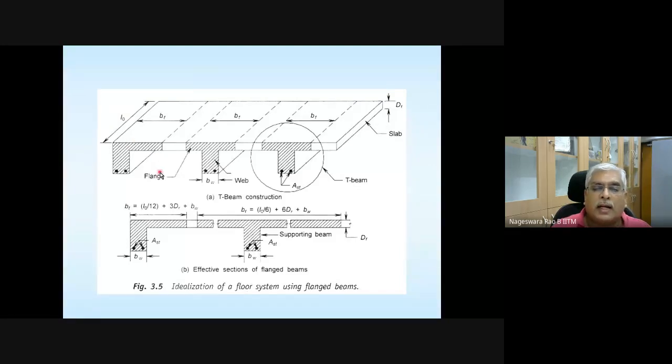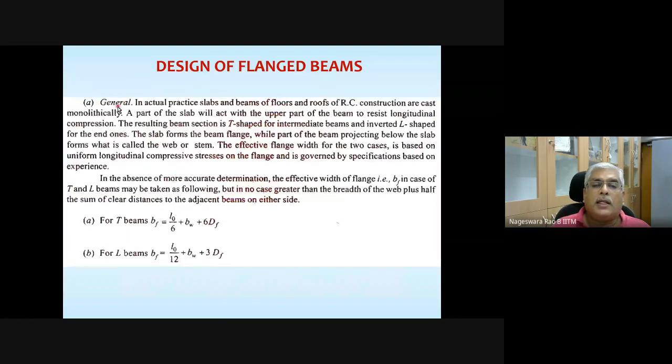Okay, so let's go and read this one. In actual practice, slabs and beams of floors and roofs of RC construction are cast monolithically. They are cast together. It's not that you cast a beam and then over that you cast a slab.